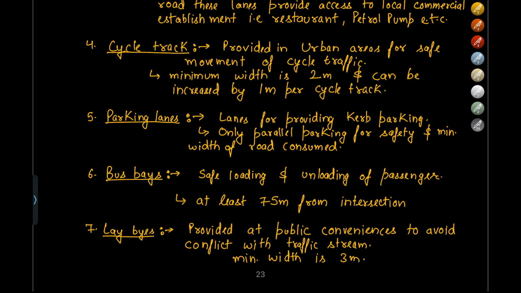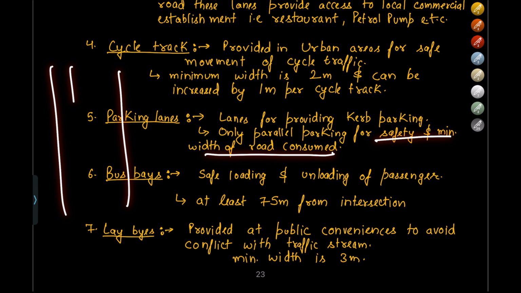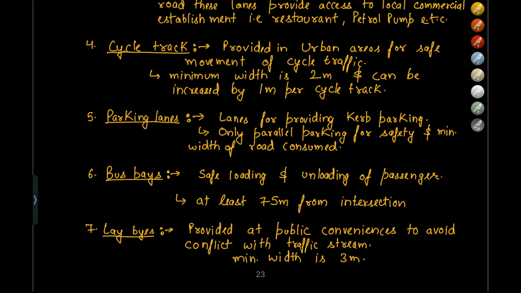Next is parking lanes. These are lanes for providing curb parking. Only parallel parking for safety and minimum width of road is consumed. Parking lanes are provided on the sides of the road, and only parallel parking is allowed so that the movement of vehicle is safe and the width of road consumed is very less.